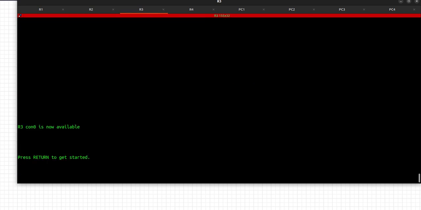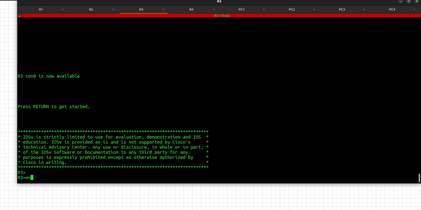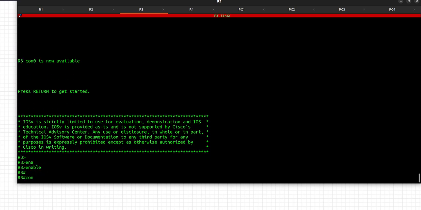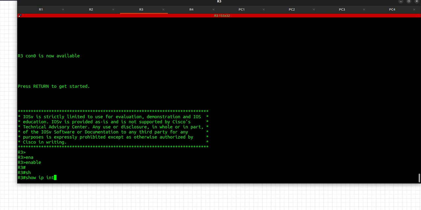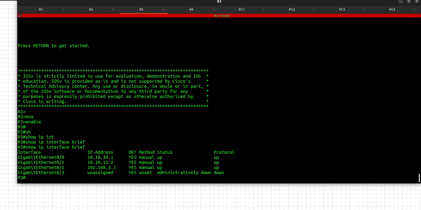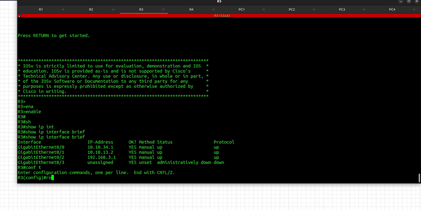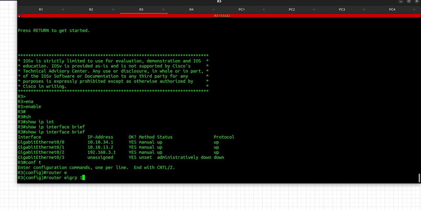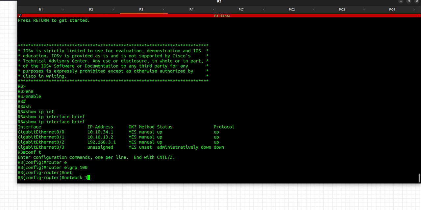Let's go to R3. Let's verify first that all the interfaces are configured. Yes, and they are up. Let's go to global configuration mode. Router eigrp 100, network 10.10.34.0.